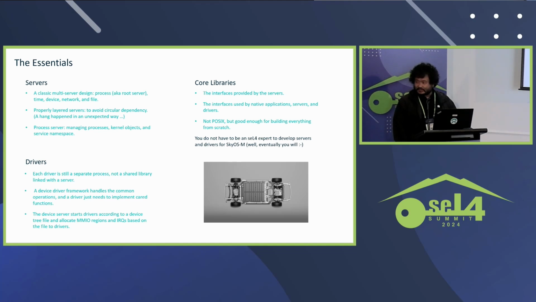So you can just use the libcore layer functions to create applications and drivers. They hide the complexity of the capability management and the cap transfer, all the SL4 specific functions, in the library. So even if you are not an SL4 expert, you could start building something on it. But eventually, I guess you will be an expert.